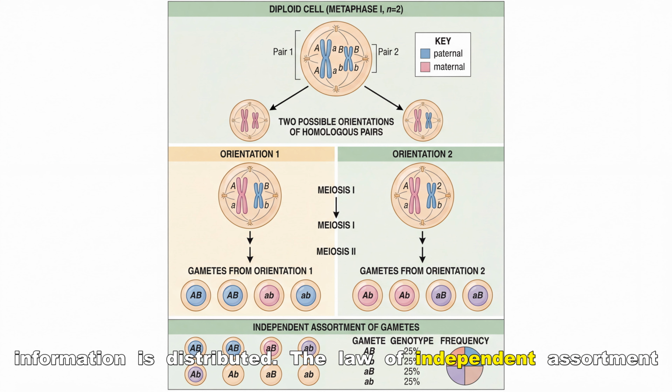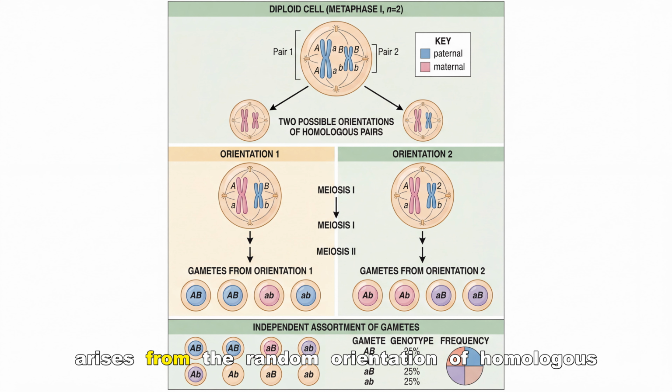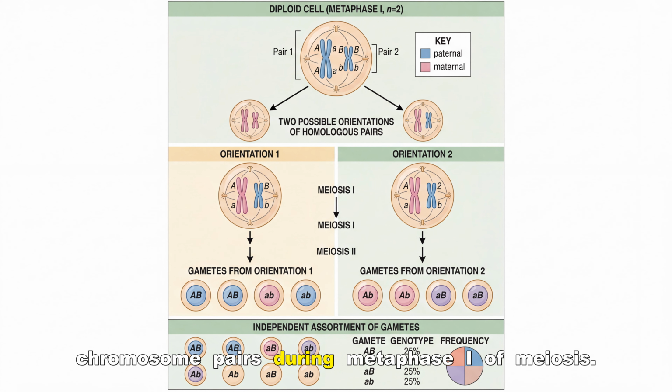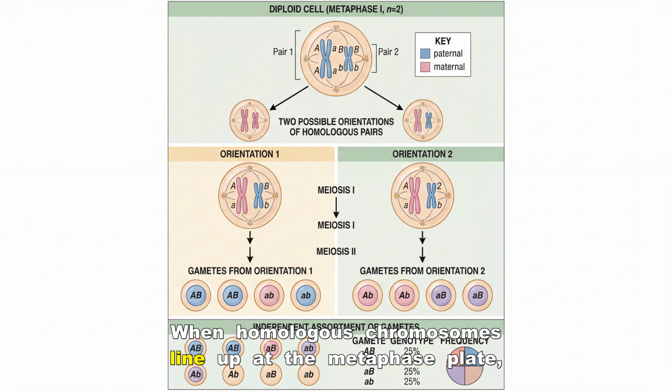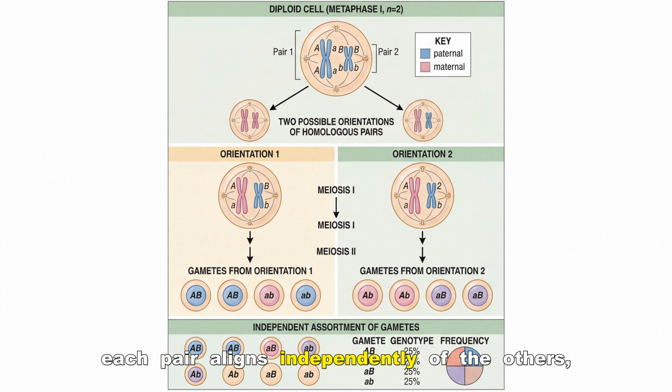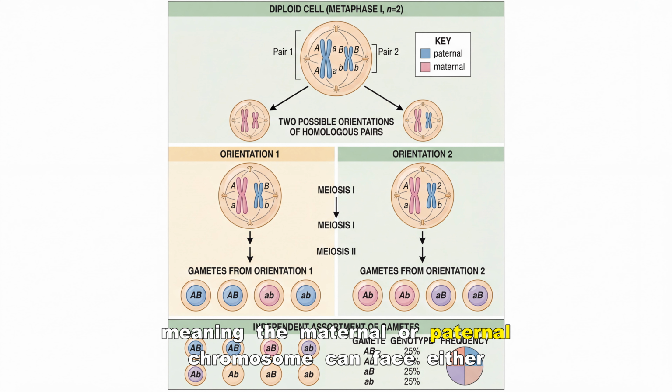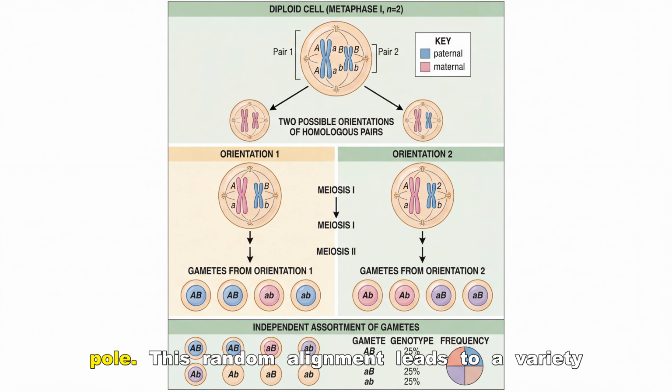The law of independent assortment arises from the random orientation of homologous chromosome pairs during metaphase 1 of meiosis. When homologous chromosomes line up at the metaphase plate, each pair aligns independently of the others, meaning the maternal or paternal chromosome can face either pole.